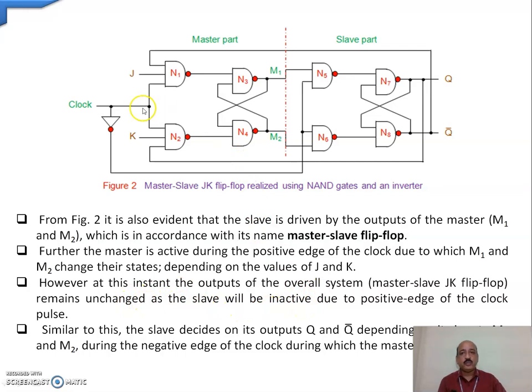That is, during the positive clock pulse, when the clock is 1, the master is active and at that time the slave is inactive. Similarly, when the clock is 0, the master is inactive but the slave is active. So, with an example, we will discuss this.